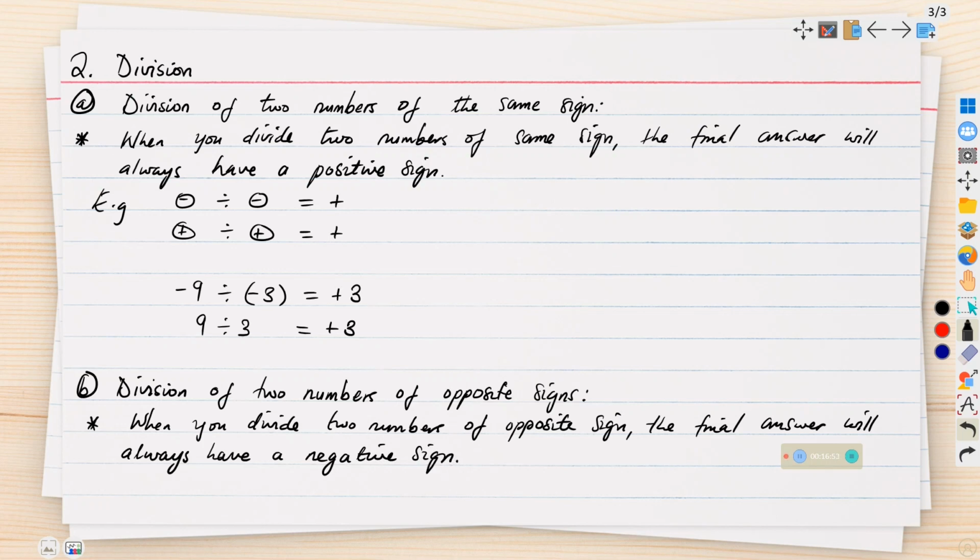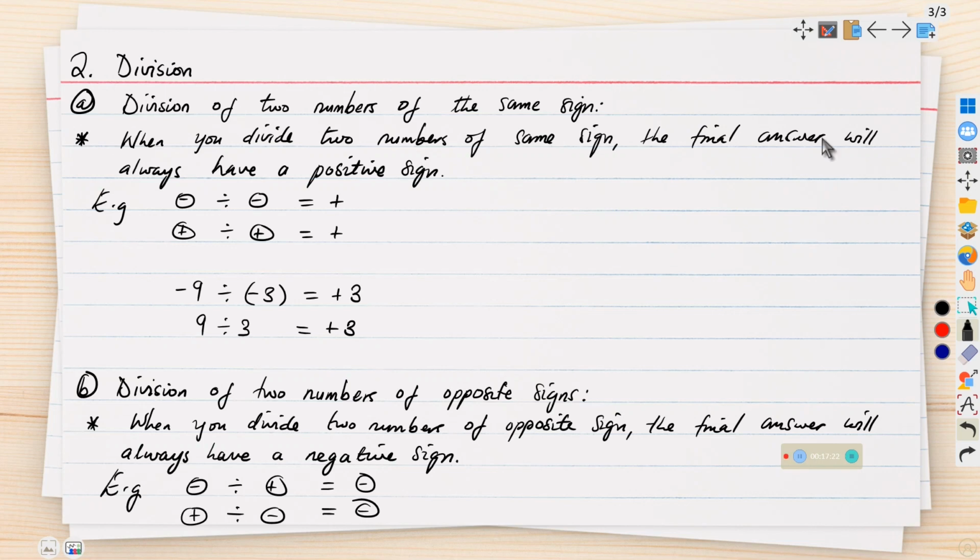So this is the truth again. E.g., if you have a negative number, you are dividing it with another positive number, opposite sign here, the final answer will always have a negative sign. Okay, also if you have a positive here dividing it with a negative here, the final answer will always be negative.